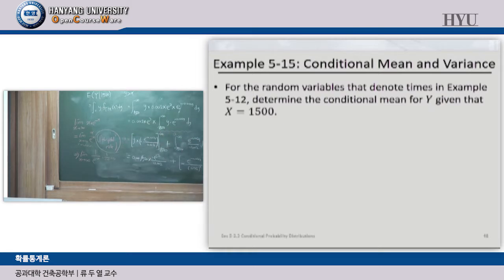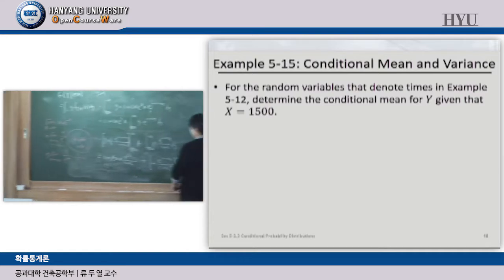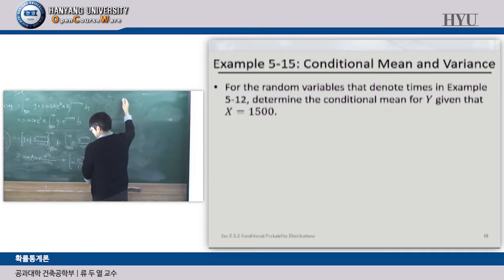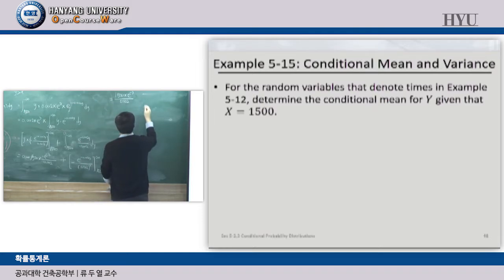So this is equal to 1500 times exponential minus 3 over 0.002, plus minus 0, plus exponential minus 3 over 0.002 squared.